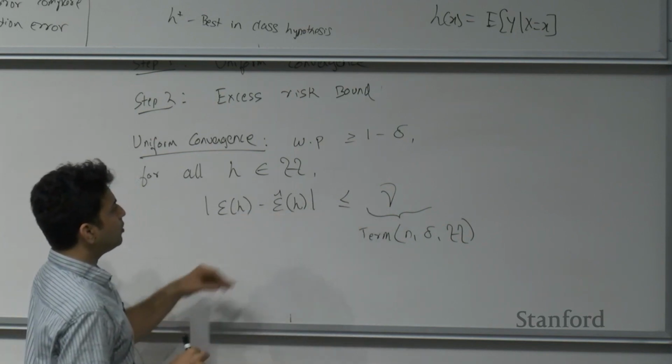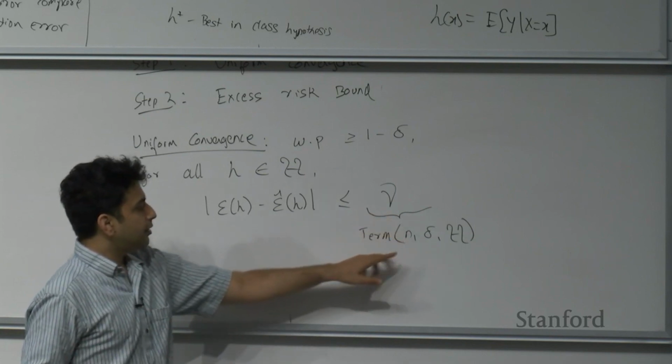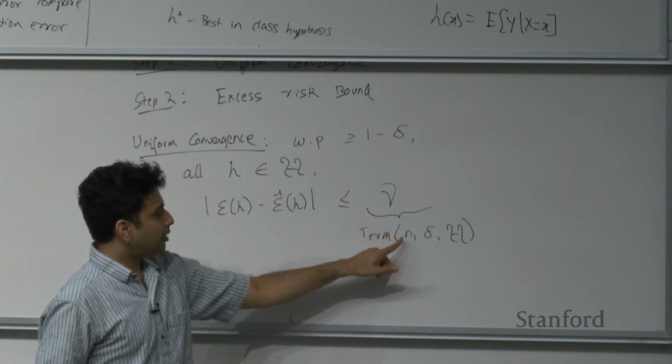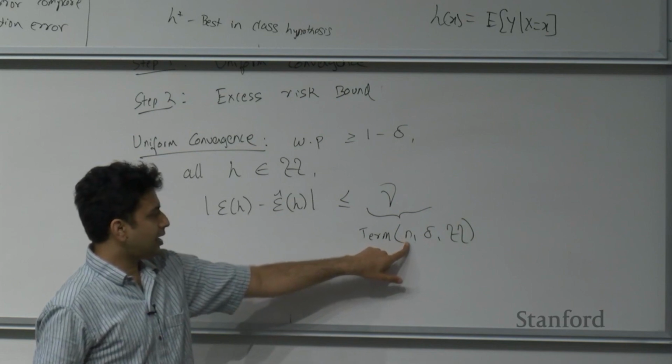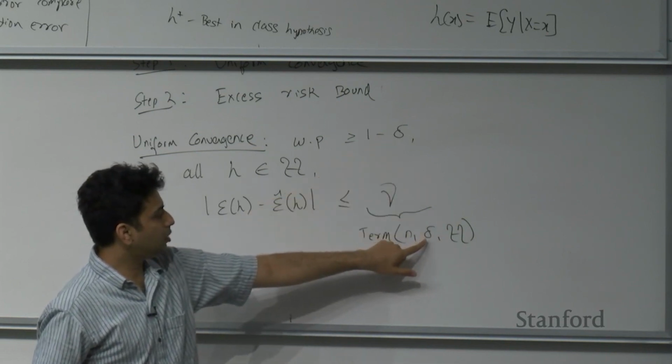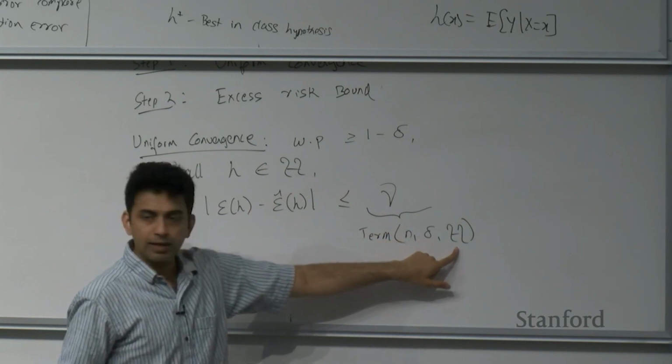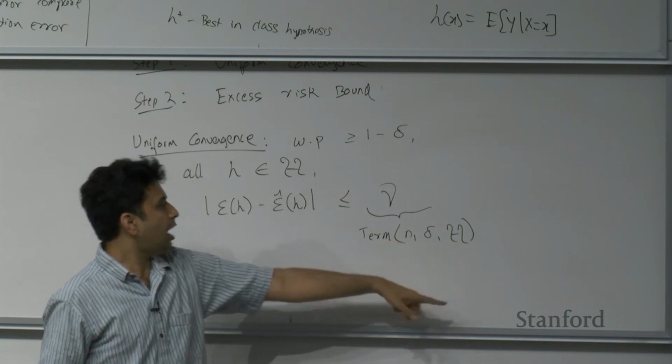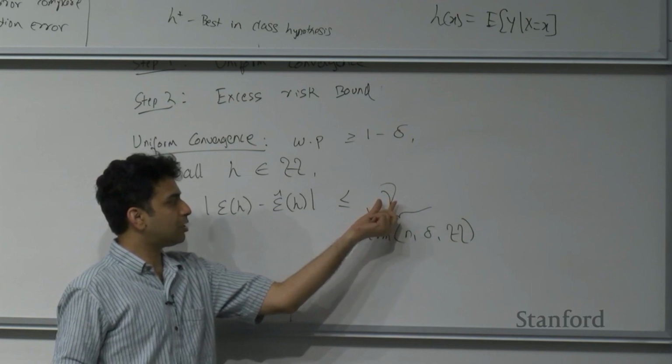So it's basically telling you that if you give me a training set size n, the degree of confidence you want in the statement, and the class of hypotheses, then I will return you some margin.